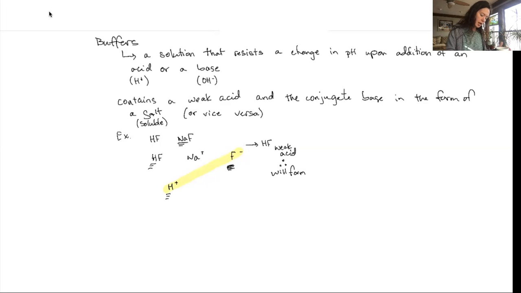What if I was to add a base to this? Is there anything here it would react with? And the answer is yes, it would react with this. And what would happen is that hydroxide, hold on, I was going to write a little note out here. Hydroxide, guys, is the strongest base there is.